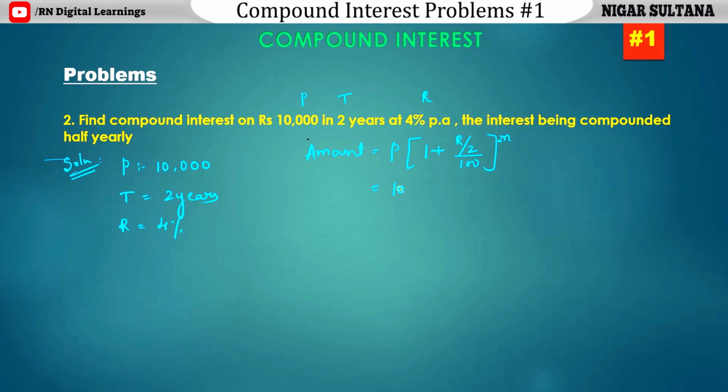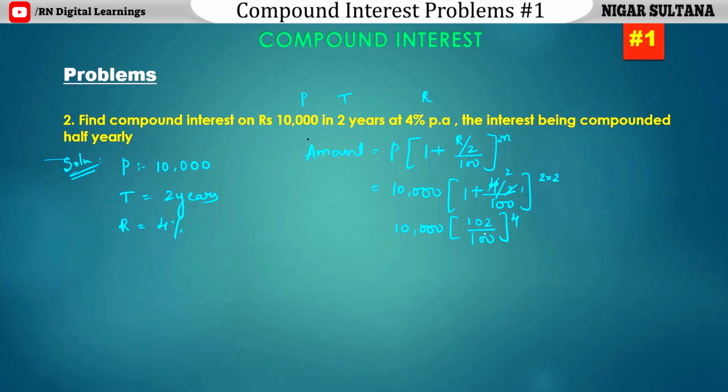What is the value of P? 10,000, 1 plus R is 4 by 200, to the power 2 into n, which is 2 again. So now this is 2 and this is 2. Now 100 plus 2 is 102 by 100.